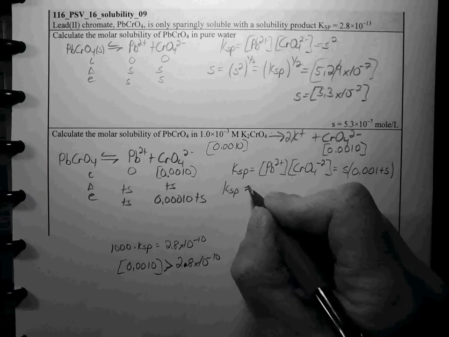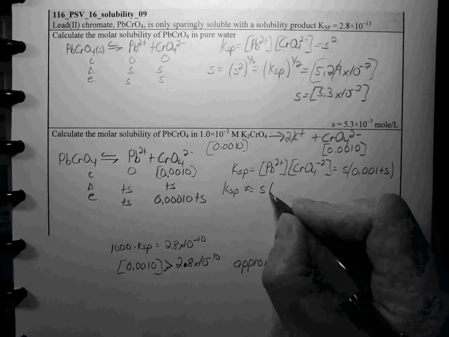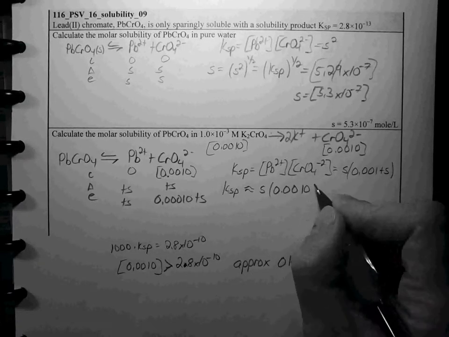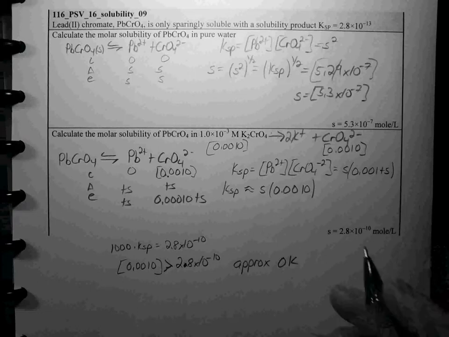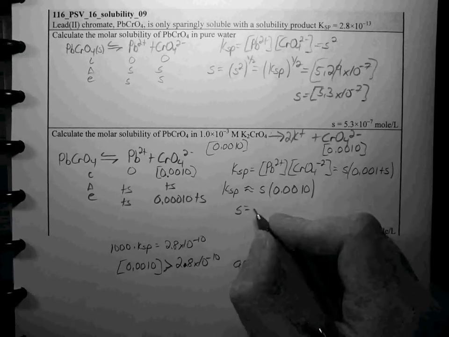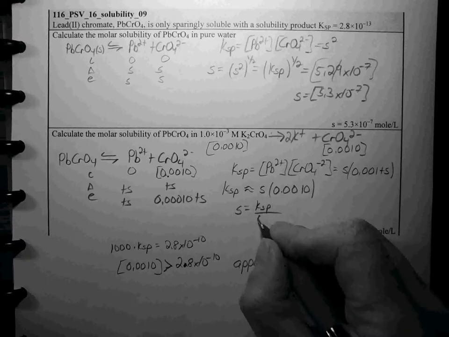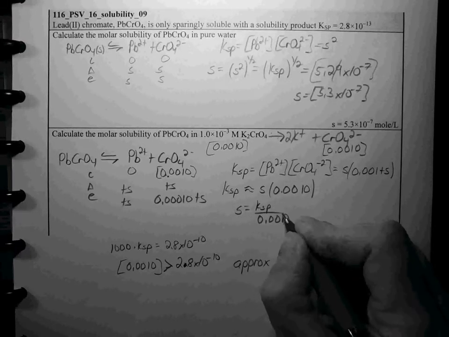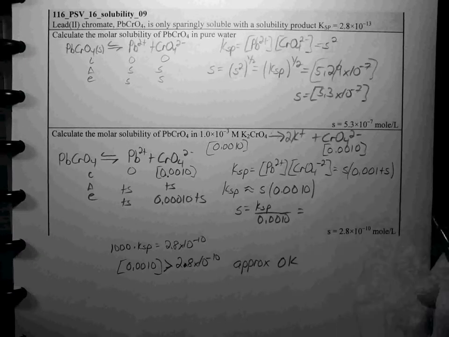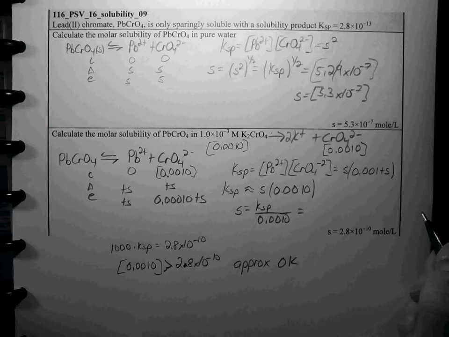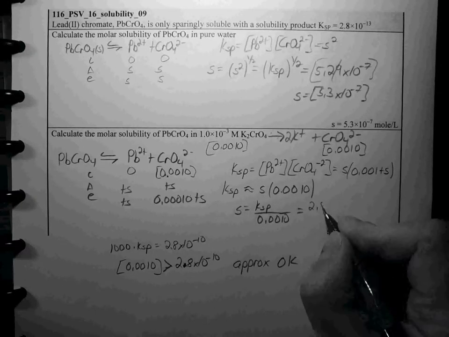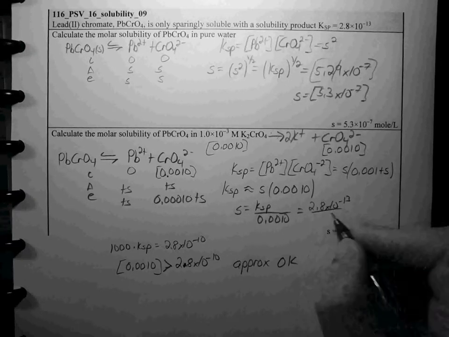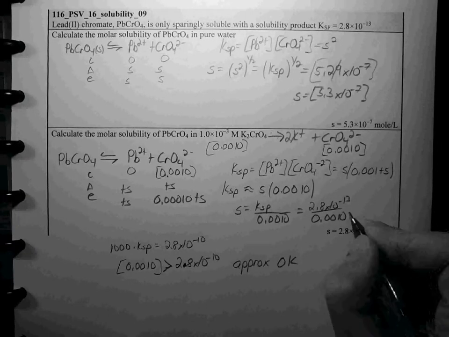Alright, so Ksp is approximately equal to S times 0.0010. Okay, we're going to make the approximation that this S is small compared to this initial concentration. So S is going to be Ksp divided by 0.0010, which gets us to 2.8 times 10 to the minus 13 divided by 0.0010.